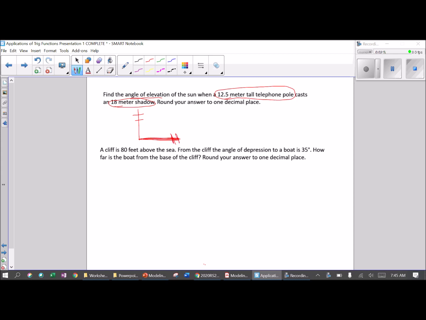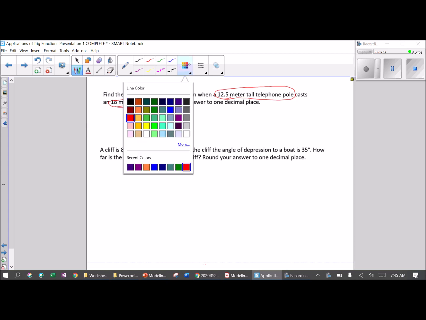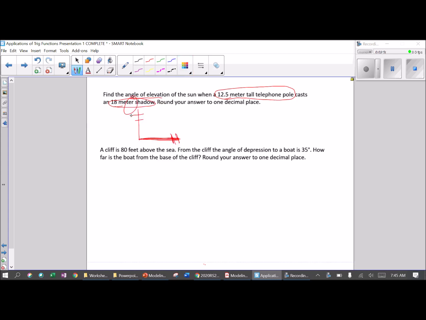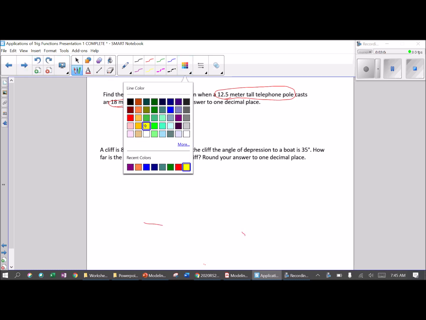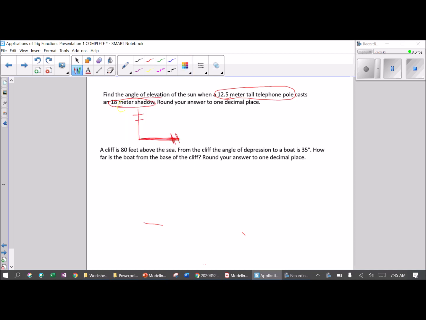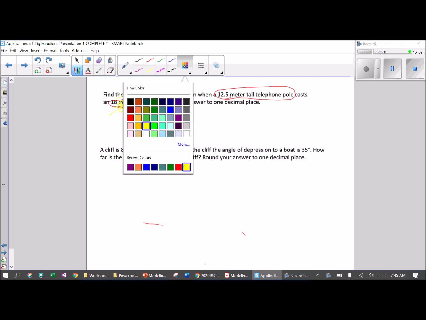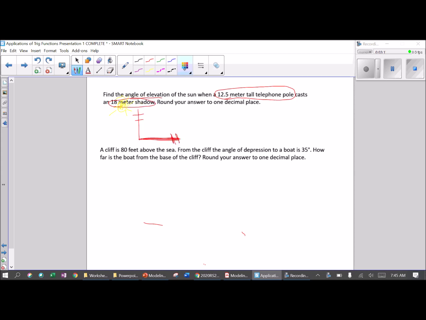Now, angle of elevation to the sun means here's the sun over here, shining down on the pole, and it casts its shadow. So to complete our triangle, we've got a perpendicular, right? The pole and its shadow form our right triangle right there.